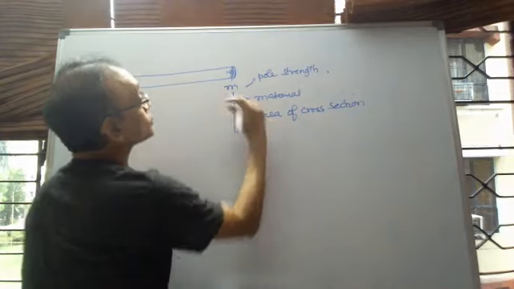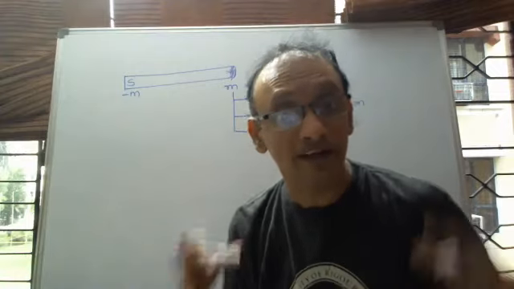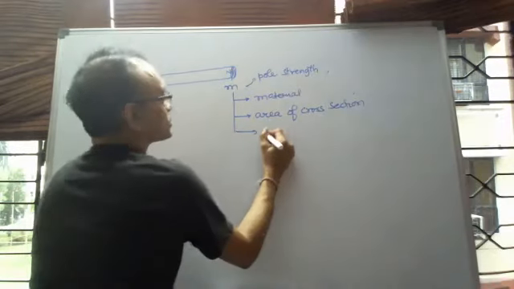Extent of magnetization. After all, this magnet has been created by magnetizing it, right? By exposing it to a magnetic field, it has been magnetized. So the extent of magnetization.